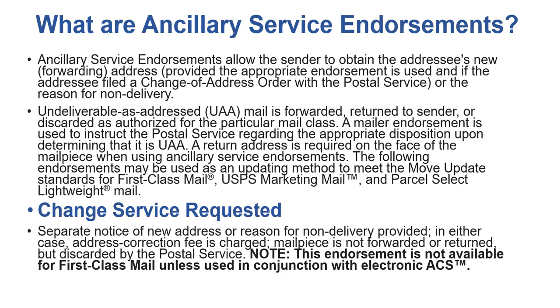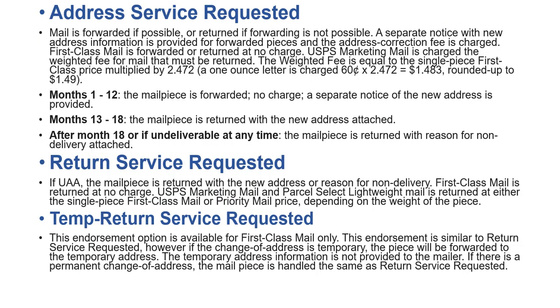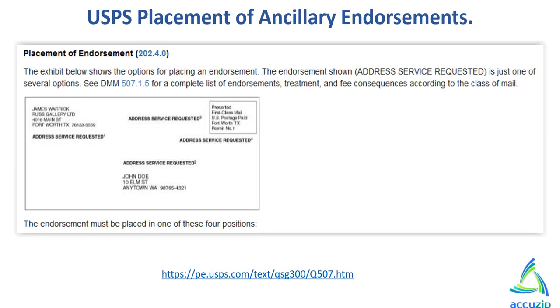An ancillary service endorsement is a service endorsement that asks for the new address in some way. Either forward the mail piece on to the new address or send me the new address. Those are change service requested, address service requested, return service requested, and temp service requested.